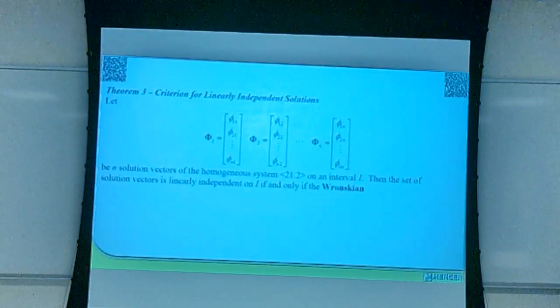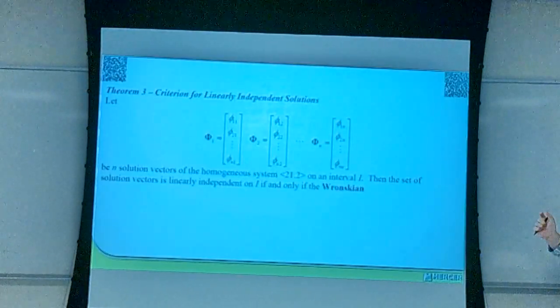The Wronskian is found as the determinant of the matrix where each column of the matrix is that vector. So the first column is phi1, second column is phi2, and so on. If that determinant is non-zero, then they're linearly independent.